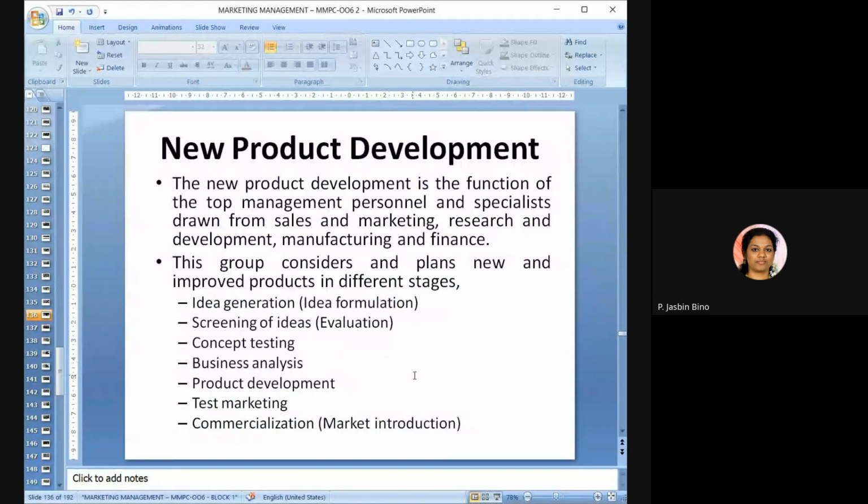So next one is new product development. So, do you know what a new product is? An innovative product that is not present in the market till date, creating a new idea, can be called a new product.